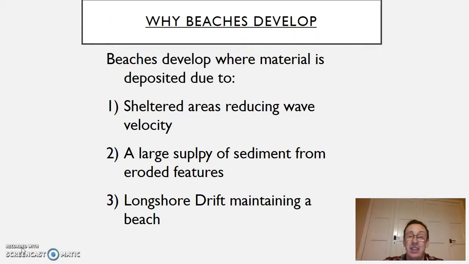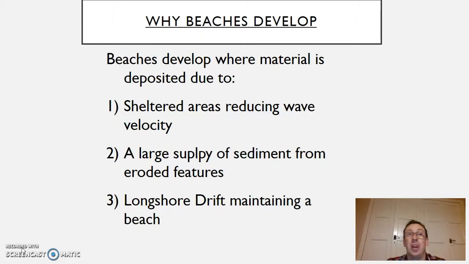One, if we've got areas like a bay, for instance, where it's very sheltered and we see waves dropping in speed quite dramatically, we start to see beaches develop there. As the waves become slower, they lose energy, and thus they can't continue to carry the sediment they were carrying.